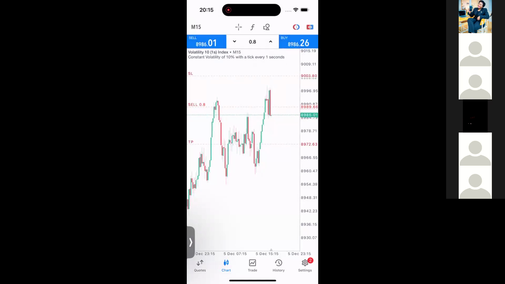So like I said, for that one of entry, it's kind of similar because assuming I gave the signal to be entry of 8990.45 to 8996.95.